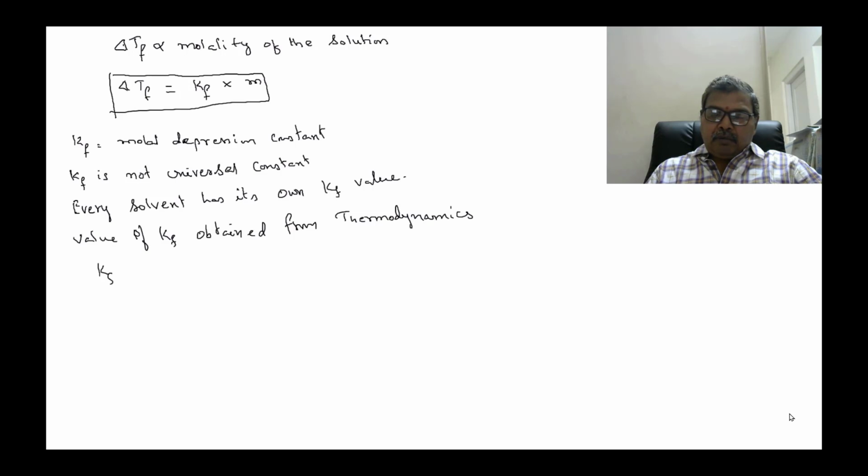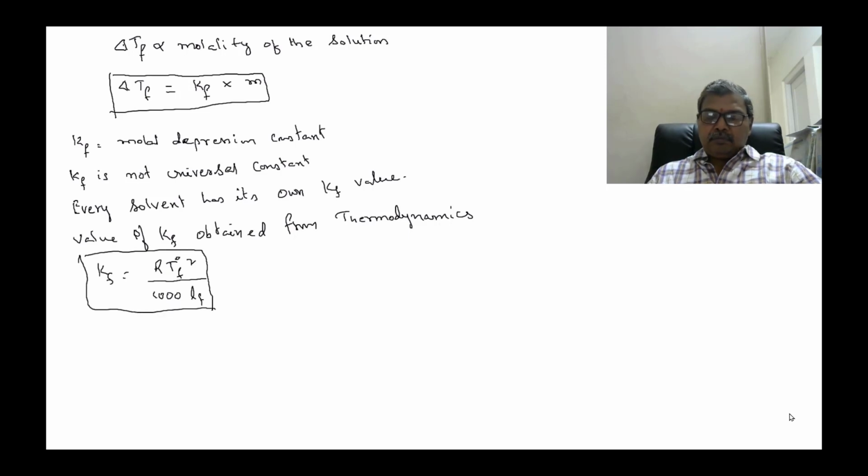Kf is equal to R Tf naught squared by 1000 Lf. R is universal gas constant.